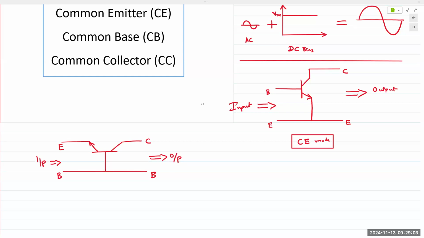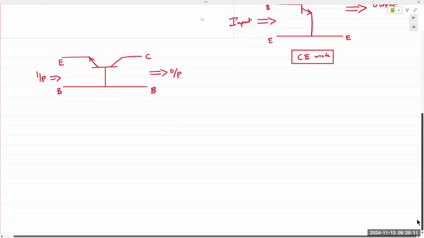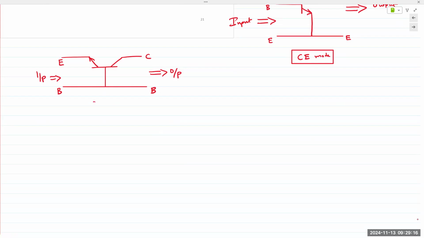And then we have the least common, which is the common collector mode. You'd be hard pressed to find it in any modern textbook; they would not be discussing common collector modes. But they would look something like this.